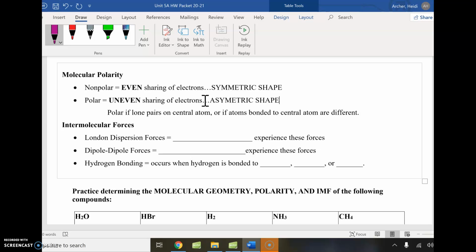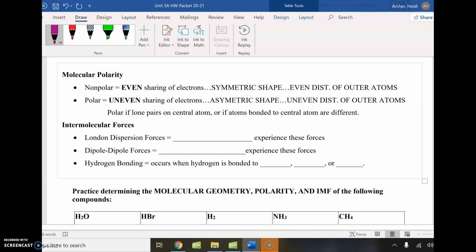So another way to look at this is that we have even distribution of outer atoms. And on this one, we have an uneven distribution of outer atoms. Now, the thing that affects the distribution of the outer atoms, like we just discussed in shape, is whether or not there are lone pairs.